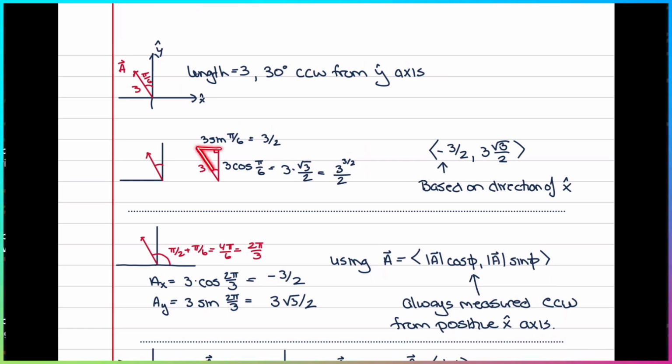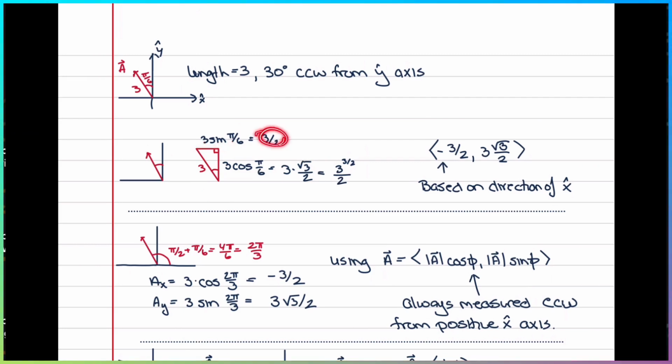If I know this angle is 30 degrees, or pi over 6 radians, then I just trig my way to the sides. The swoosh touches this side, so this is 3 times cosine of 30 degrees, or 3 times root 3 over 2. And this is the opposite side, so that's where the sine comes in. So this then is 3 sine 30 degrees.